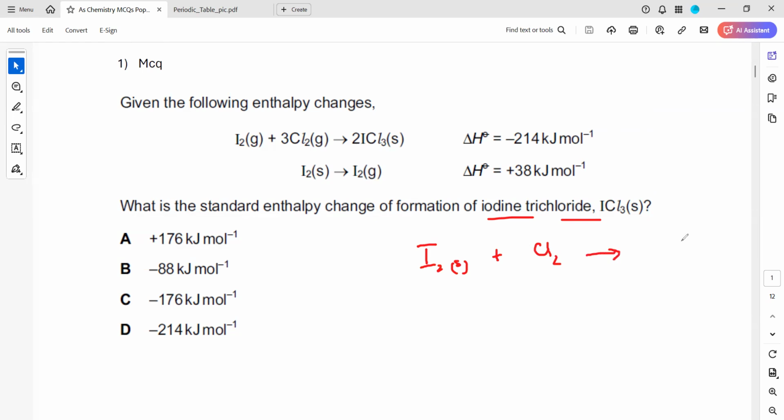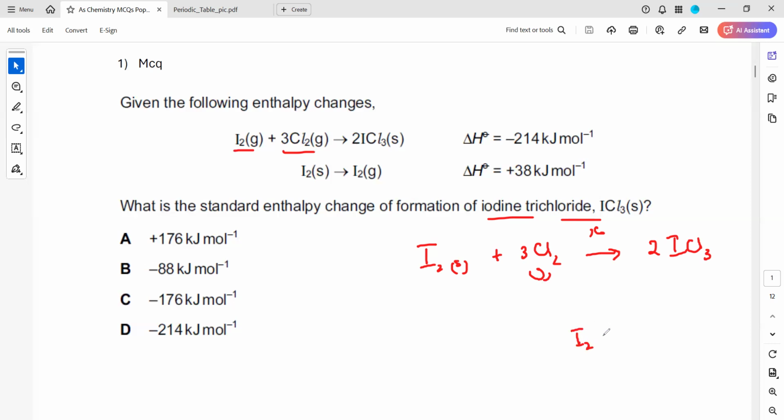And we want the formation of ICl3. The equation must be balanced. So if it is 3 and we put 2, the equation is balanced. This is the unknown, this is what we need, because formation means when elements in their standard state form a compound. But what we have is iodine gas reacting with chlorine gas to form ICl3.